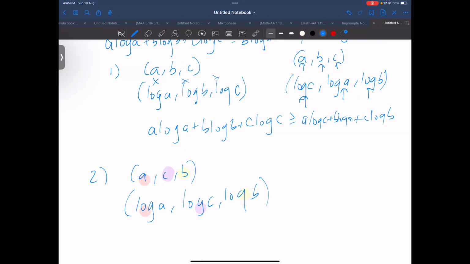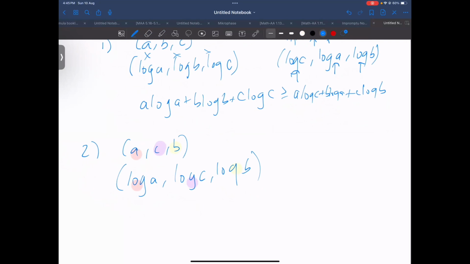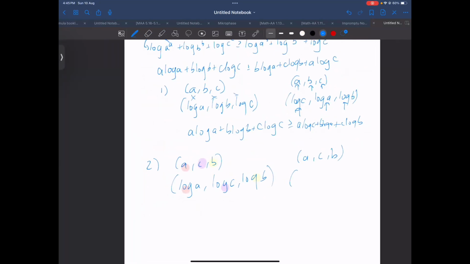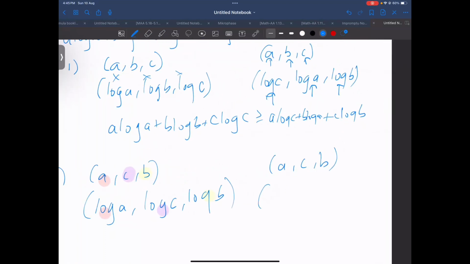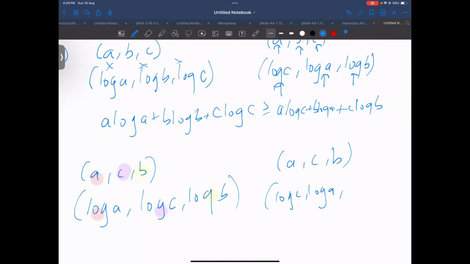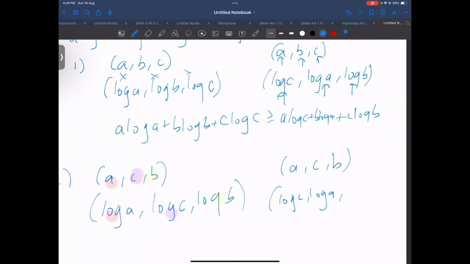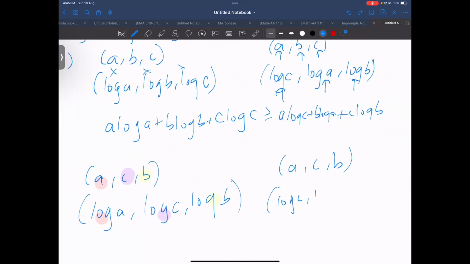But if you're looking at the right-hand side, we have A, C, B, and then what is it going to be multiplied by? Well, A goes with log C, C goes with log B, and then B goes with log A. So now the largest one in the first sequence is being multiplied by the middle one of the second sequence.